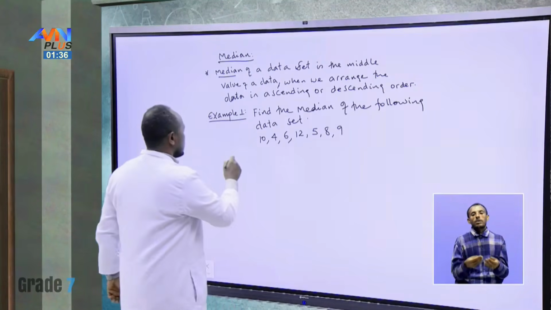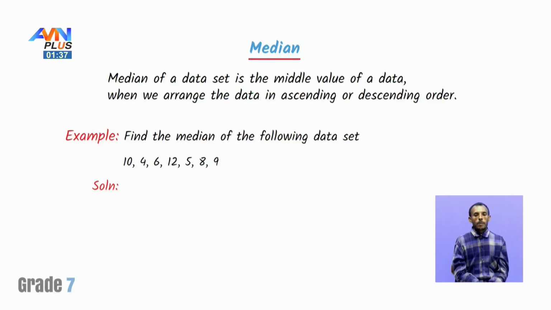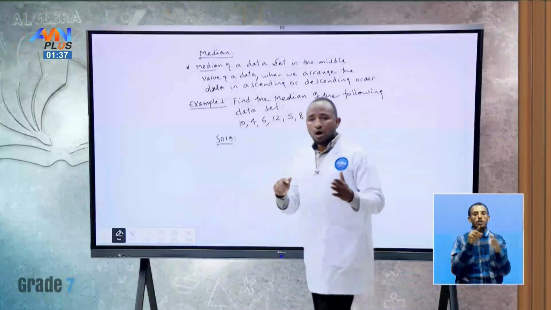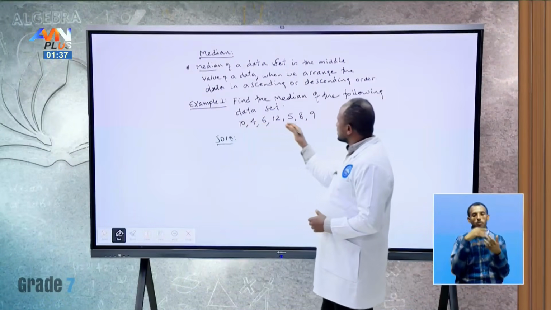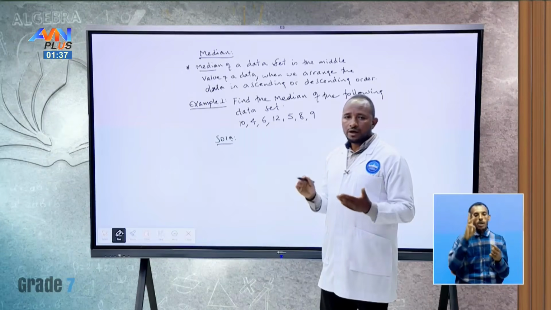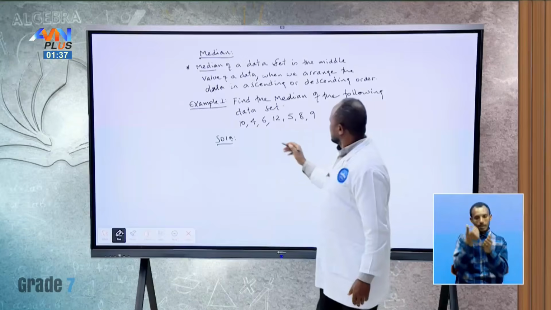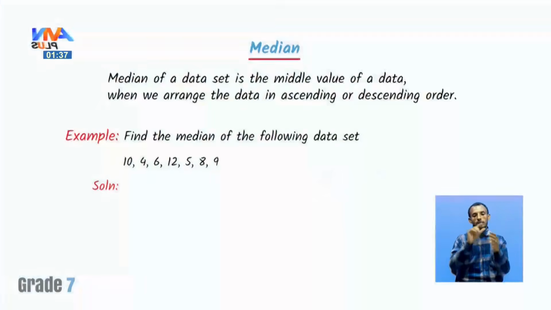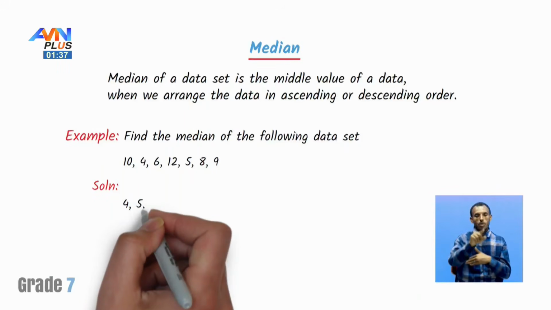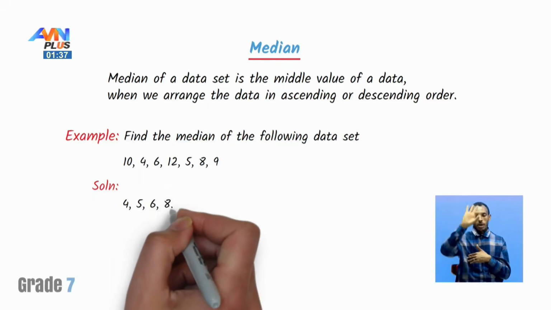So look, to find the median of this data set, you have to arrange this in ascending or descending order. I'll prefer to arrange it in ascending order from the smallest to the biggest. The smallest of these numbers is 4. Next to 4, you have 5. Next to 5, we have 6.